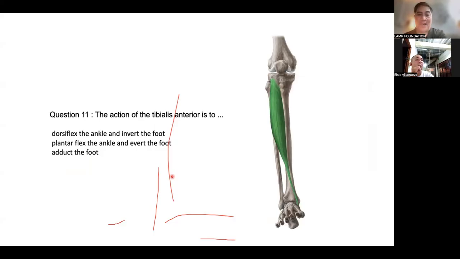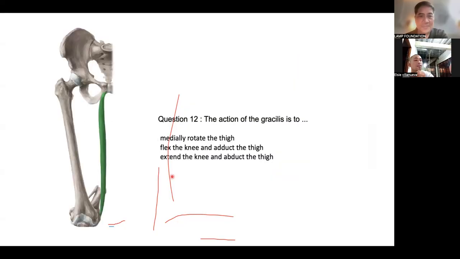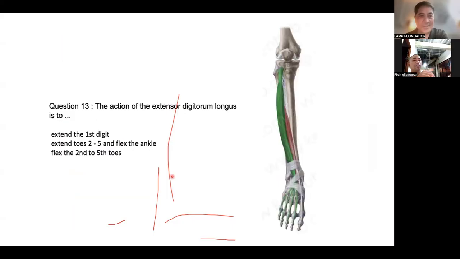The action of the tibialis anterior: dorsiflex the ankle and invert the foot. Action of gracilis: flex the knee and abduct the thigh.